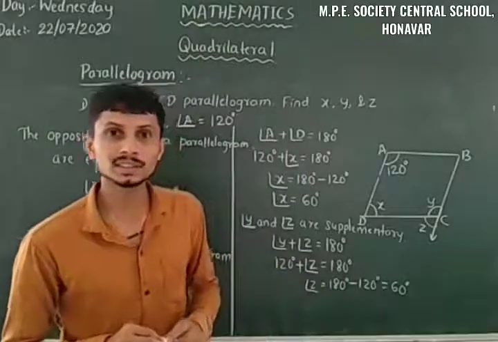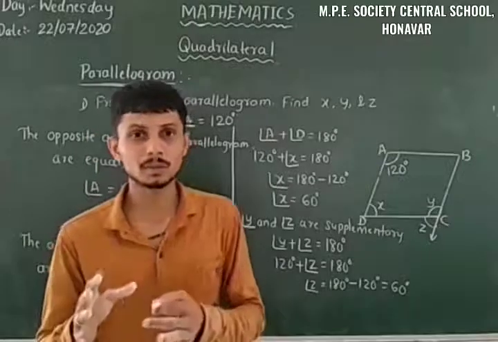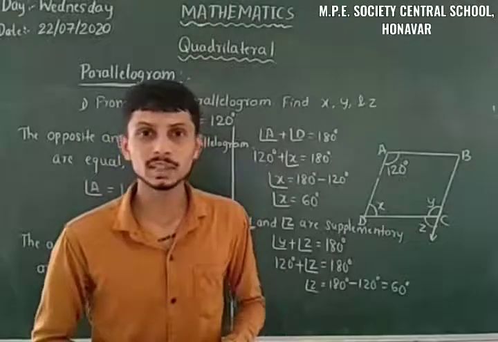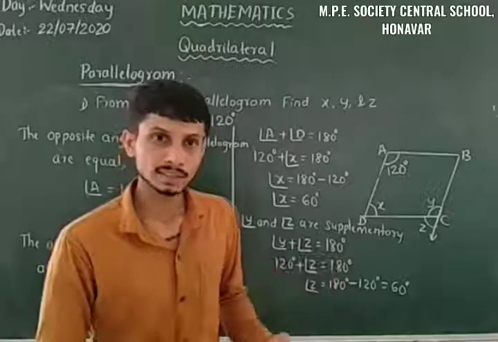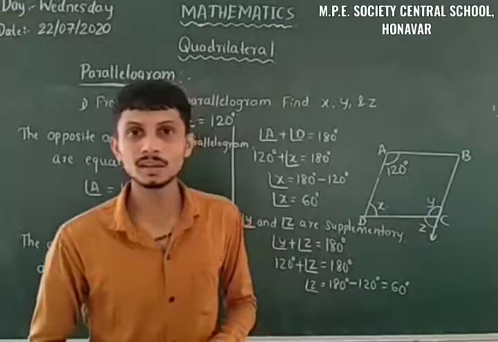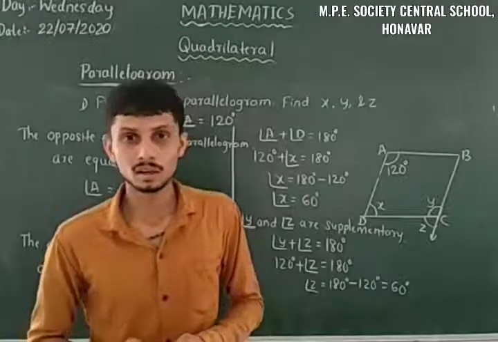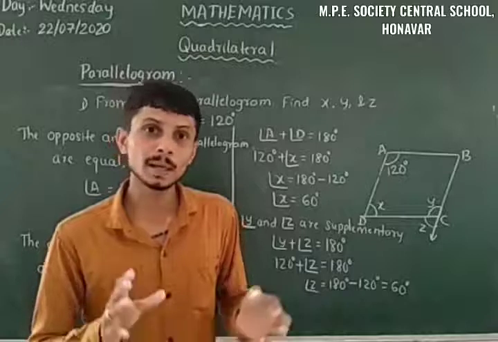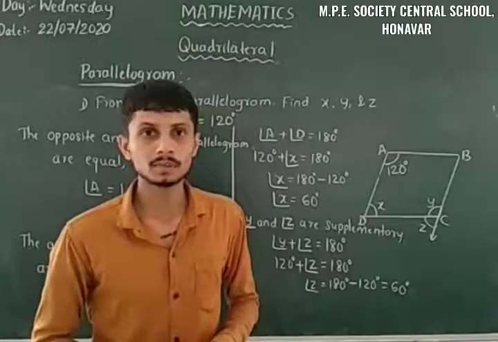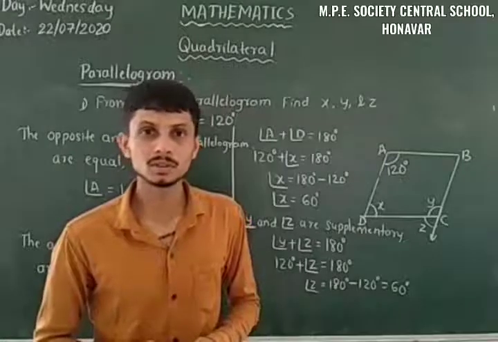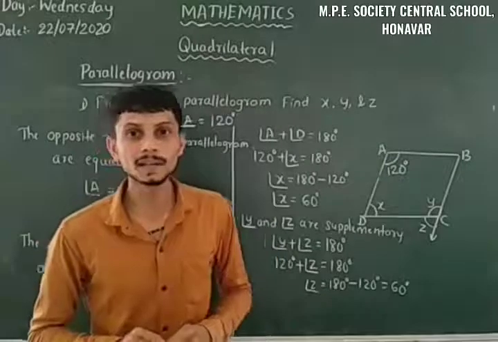Property number 2 tells us that the opposite angles of a parallelogram are equal, and property number 3 tells us that the adjacent angles of a parallelogram are supplementary. So this is about the properties of angles of a parallelogram. I conclude this part here.